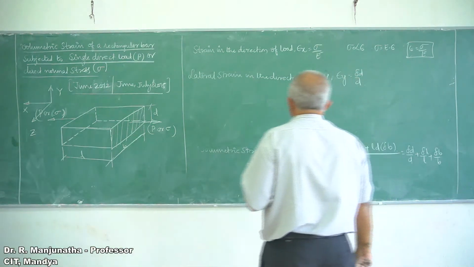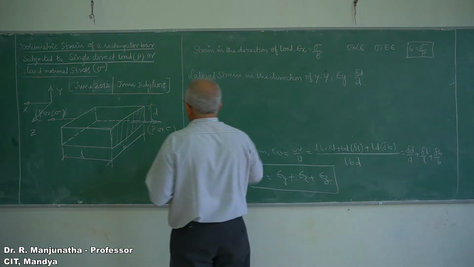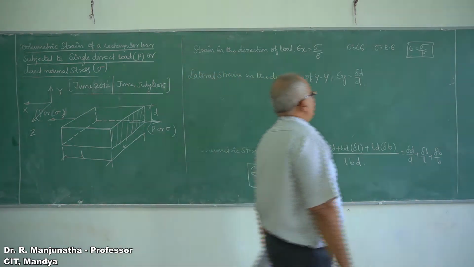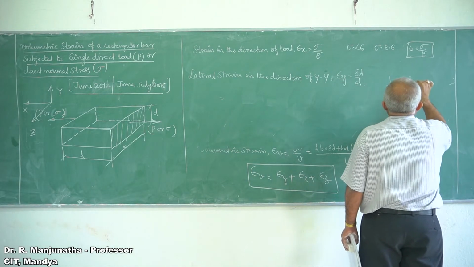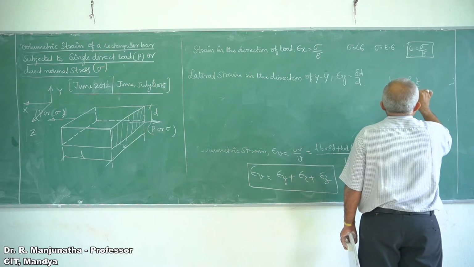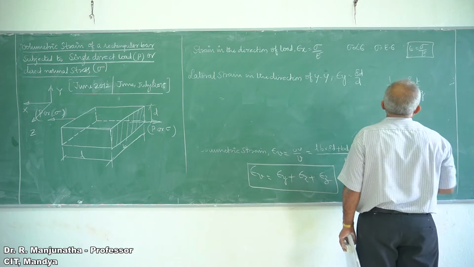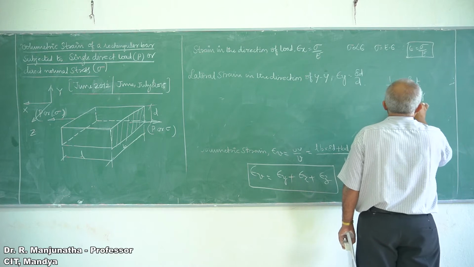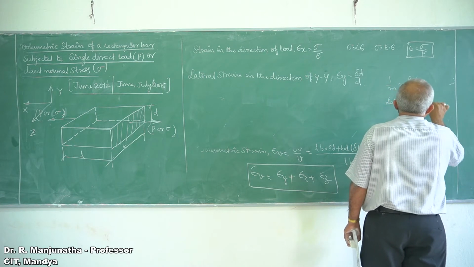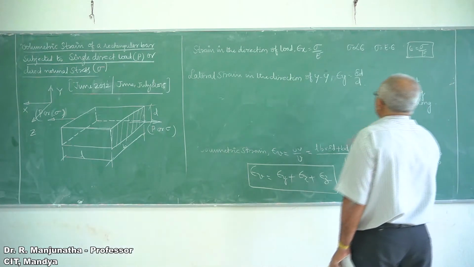So that will be equal to, what is Poisson's ratio? 1 by m is equal to lateral by longitudinal. So what I want is the lateral, that is equal to 1 by m into longitudinal. Here the lateral dimension, what is happening?